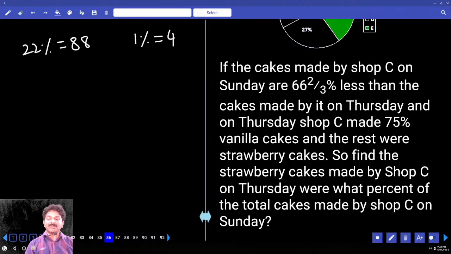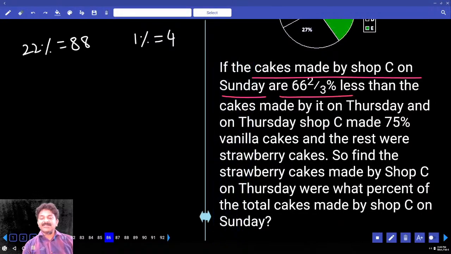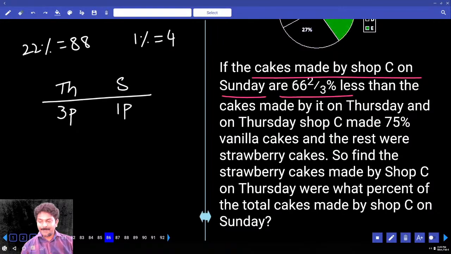They are talking about shop C. First condition says C on Sunday cakes made were 66 2/3% less. Conversion, 2/3 less. Denominator 3, so on Thursday I will start with 3 parts. On Sunday 2/3 less, 1 part. Clear?